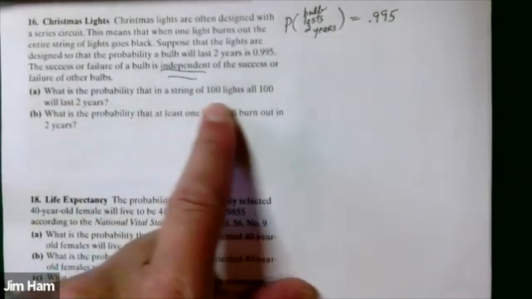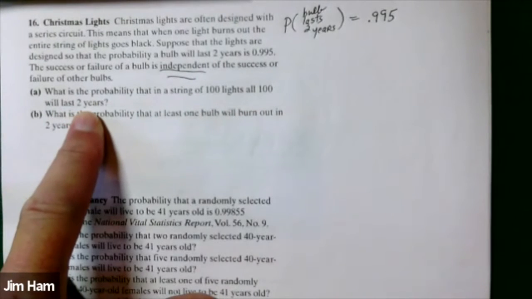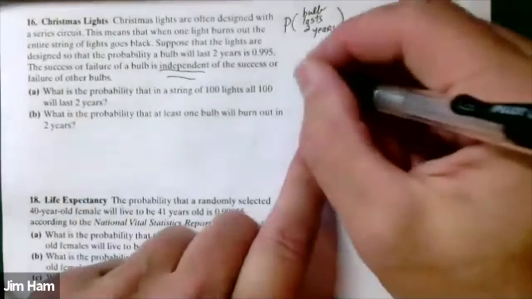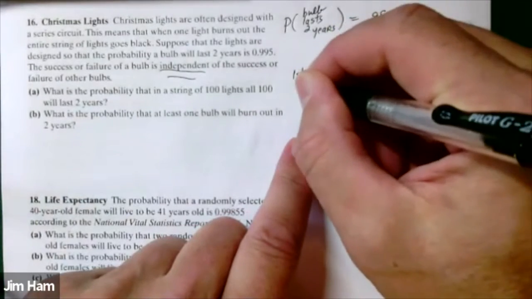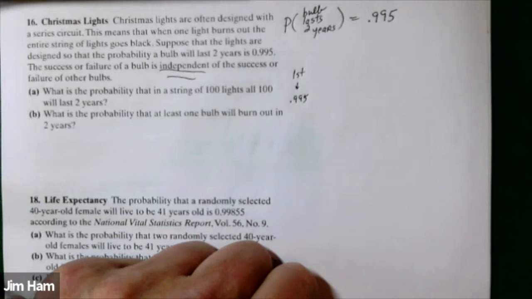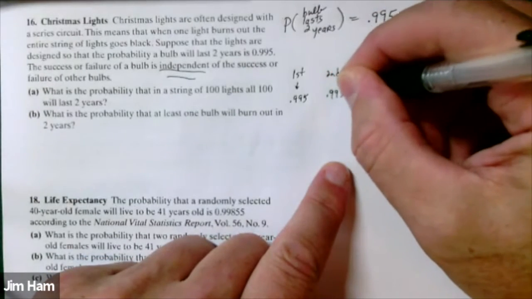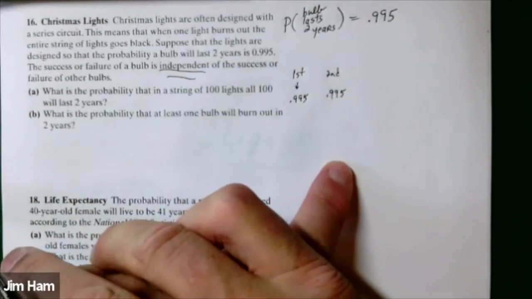Okay, so what is the probability in the string of lights that all 100 will last 2 years? Since they're independent, the probability of the first lasting 2 years is 0.995. The probability of the second is also 0.995 because those bulbs are independent.